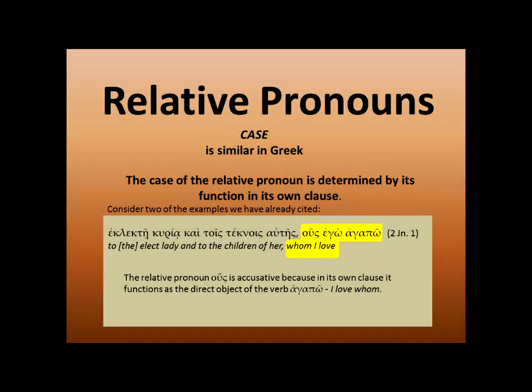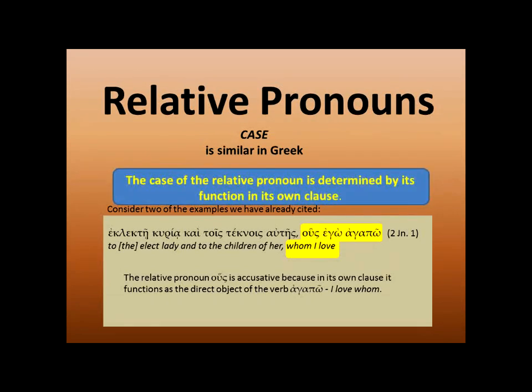I love whom. Love is the verb, I would be the subject, and whom is the object of the verb. So both in Greek and in English, we have this relative pronoun in an objective case. In Greek, specifically, it is in the accusative case. The case of the relative pronoun is determined by its function in its own clause.